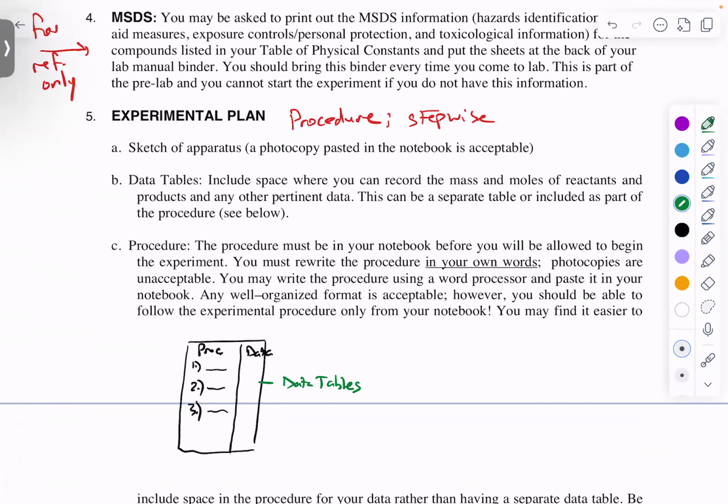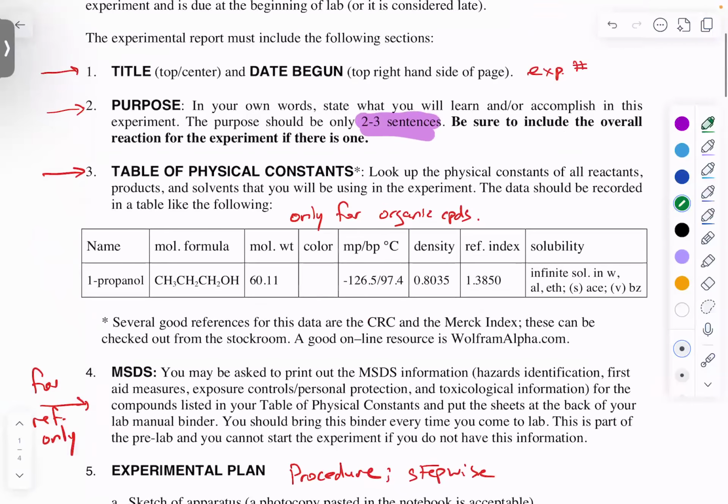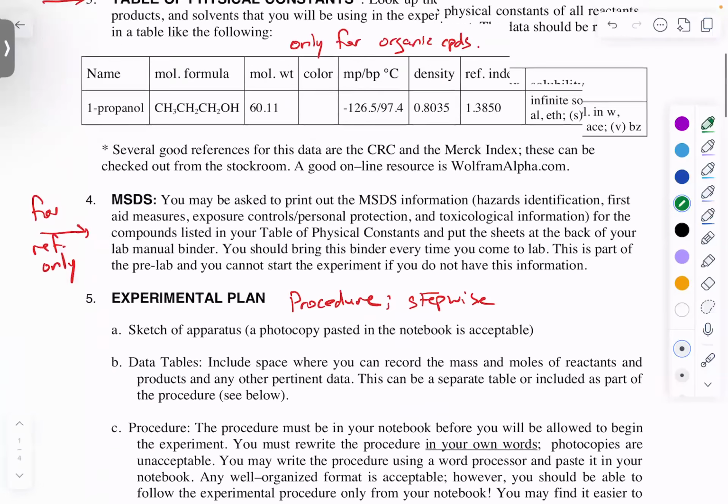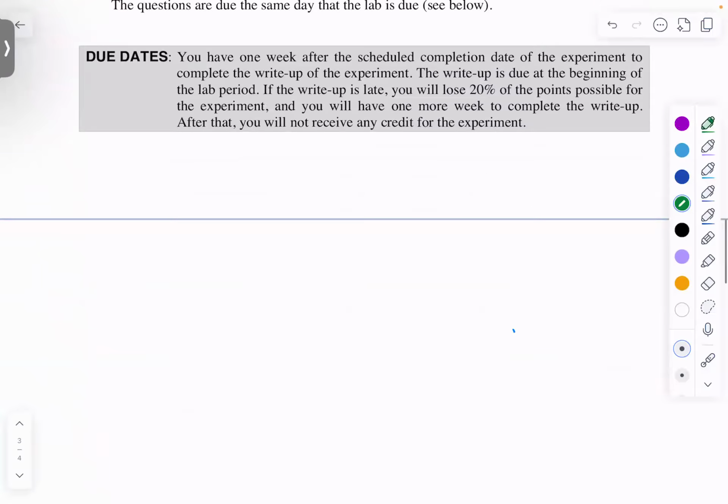All right. Now, as an example, one thing I want to go back to is step number 2, the purpose statement. Experiment 2 is going to be the first lab that you actually have to write a pre-lab for. Experiment 2 has to do with measurement of physical properties.